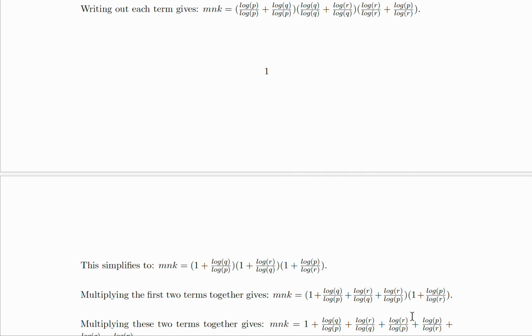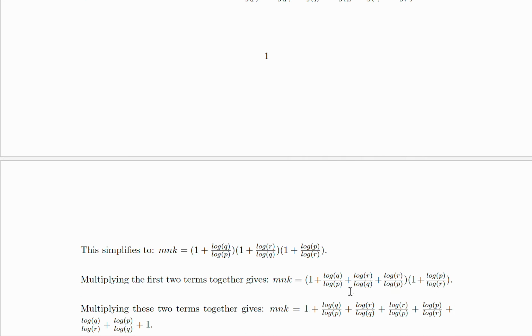And we still have this last term, which we haven't multiplied yet. And so now we multiply all of this times each term in this. And so you have 1 times 1, plus log of q over log of p times 1. So that's here. Plus log of r over log of q times 1. That's here.